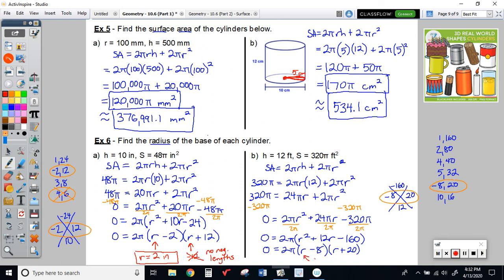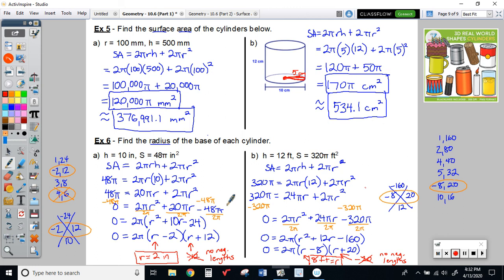This one could be 8, or this one could be negative 20, but we're going to cross that one out. Once again, no negative lengths or no negative radii. And so this would be 8 for r, and then that would be in feet, it looks like. So 8 feet is what my radius is for that problem.